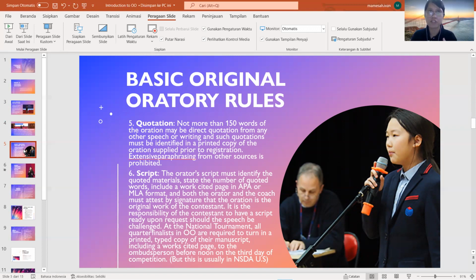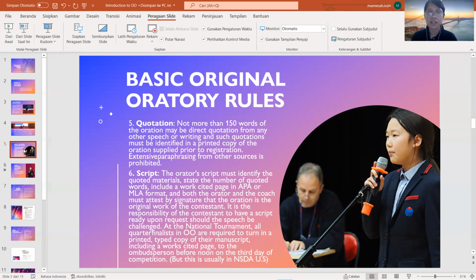Just make sure that your speech is original, and that is it. You don't have to make a printed copy. You don't have to make quotations just yet, because the judges and the committee are not going to ask for your written speeches anyway.